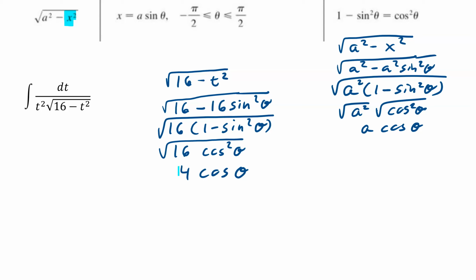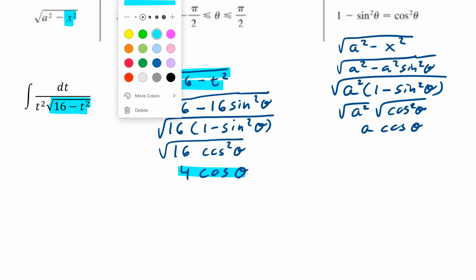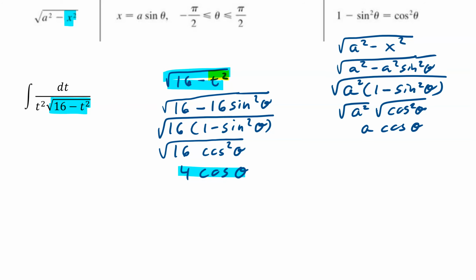So now we know that this is equal to this, which is sitting right here. And within that problem, you can see that our t squared here is 16 sine squared theta. That is our substitution. So by just replacing it, it's basically rewriting it to make it look the way we want it to look; it tells us what we need.